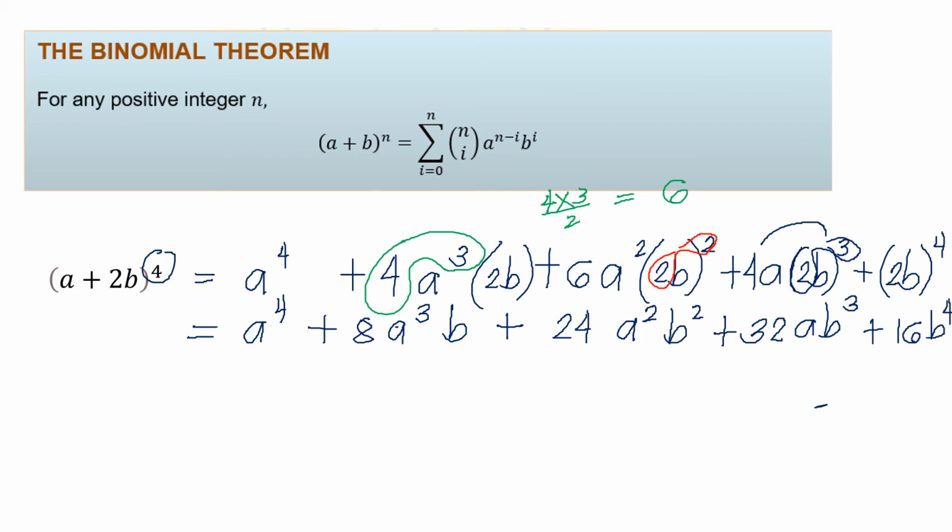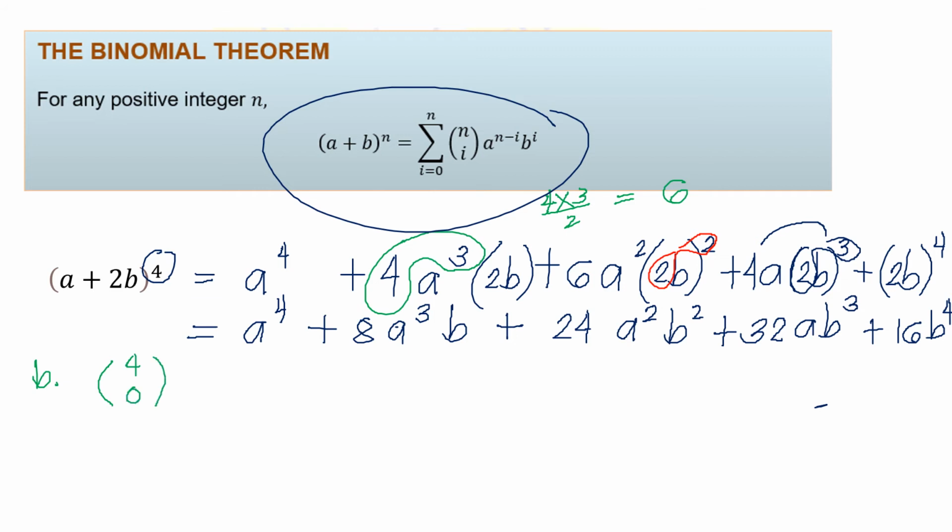Now we compare the solution to the rule, the formula that is provided, and let's see if we will get the same. So if we are going to use the formula the second way, then we now have, okay, 4 taken 0, 4 taken 1, 4 taken 2, 4 taken 3, then we have 4 taken 4.